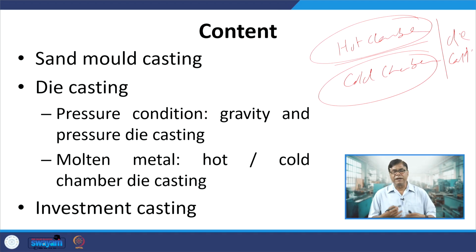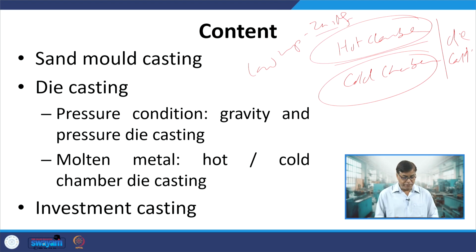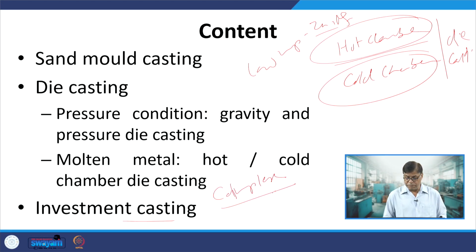So the molten metal is fed from the ladle into the chamber, and then with the help of the plunger it is pushed into the die for developing the casting. Hot chamber die casting is mainly used for low melting point metals like zinc, magnesium, etc.